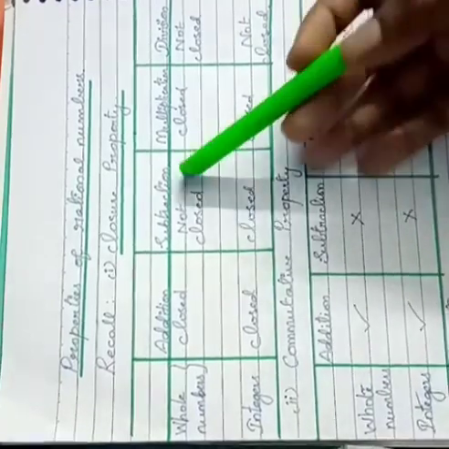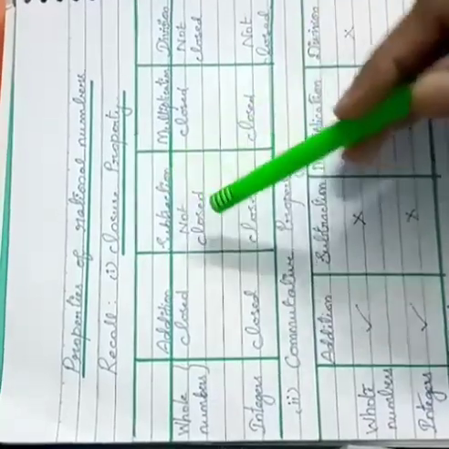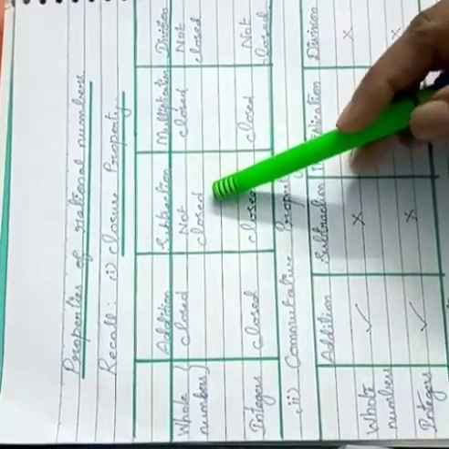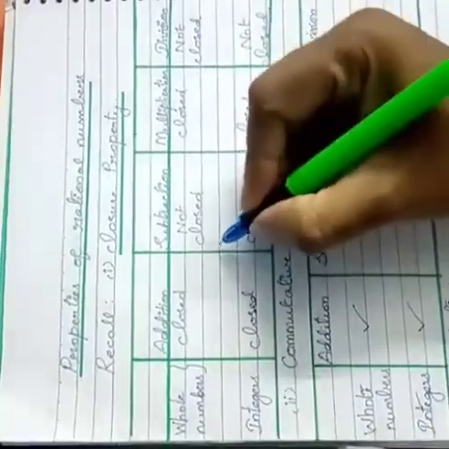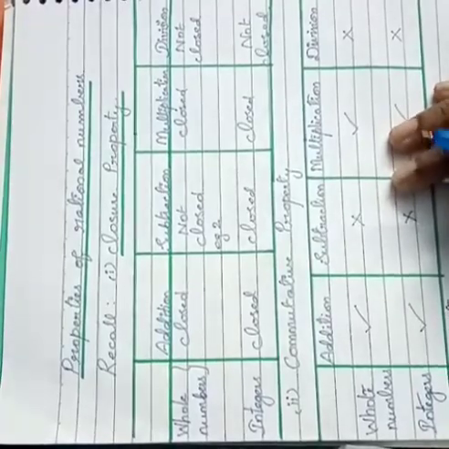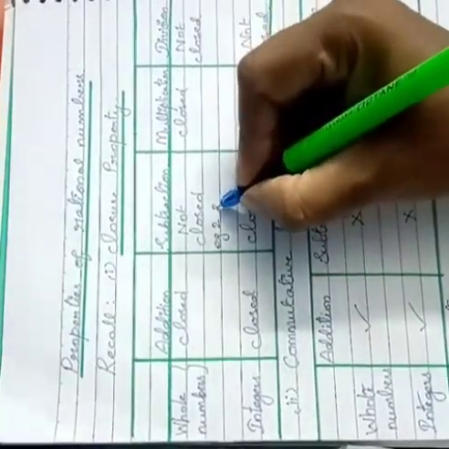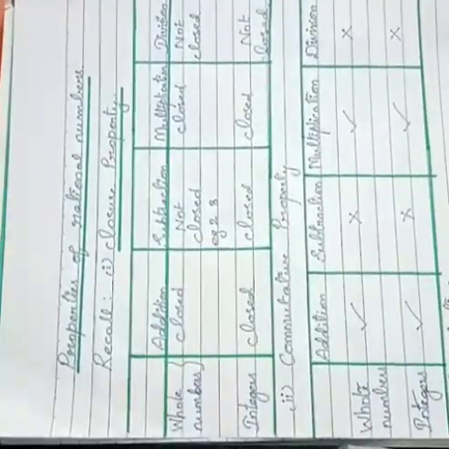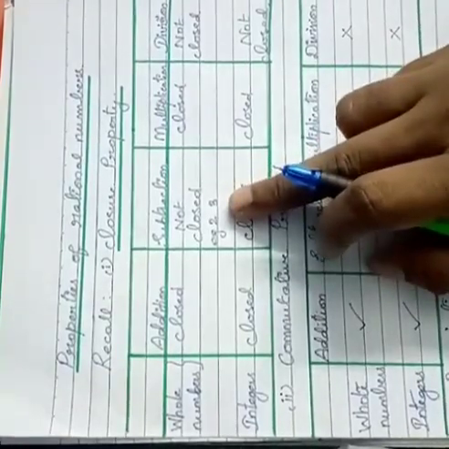Now, when you think about subtraction, whole number under subtraction is mentioned as not closed. Why? When you consider, for example, 2, which is a whole number, and 3, which is again a whole number.